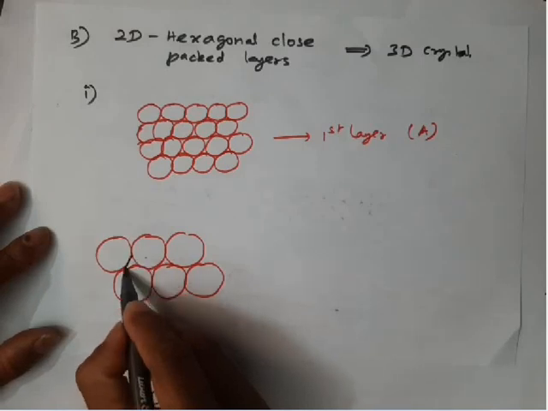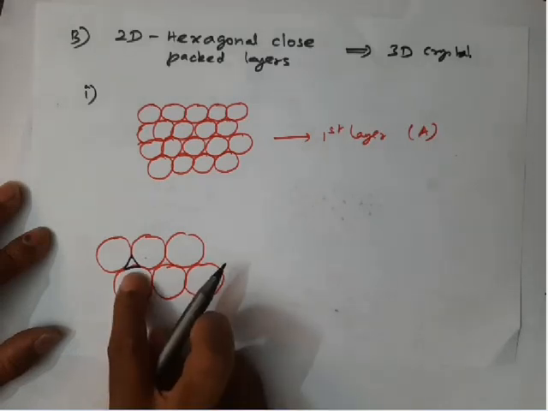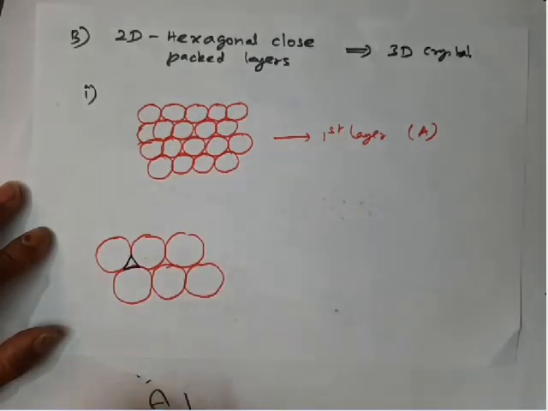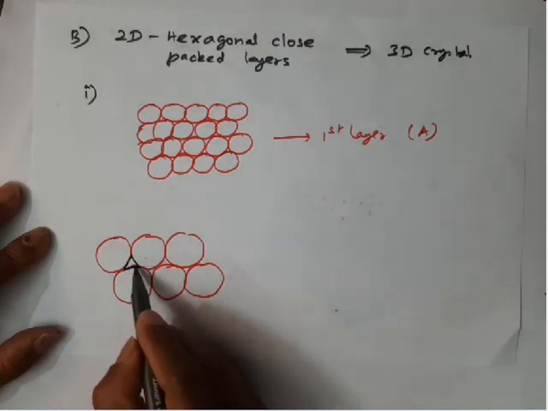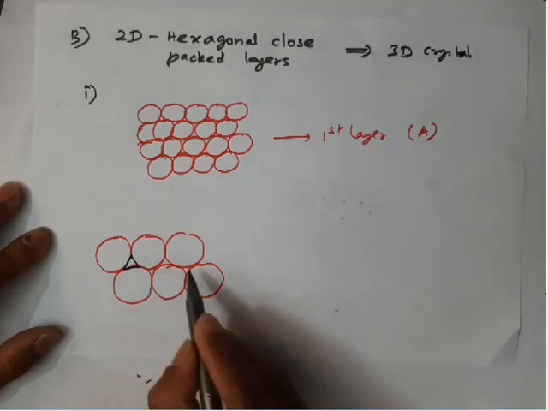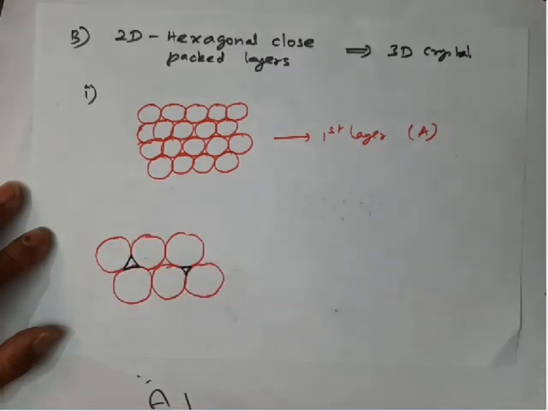This depression looks like a triangle of this type. I call this an upward triangle, because its top face is facing upward. And this other depression also looks like a triangle, but it is a downward type triangle.